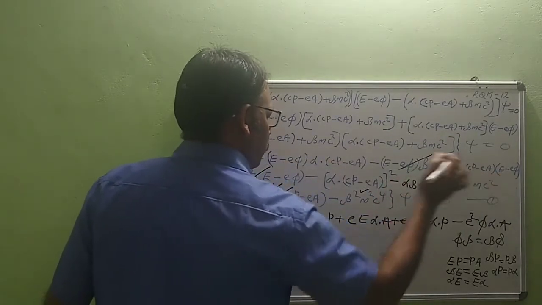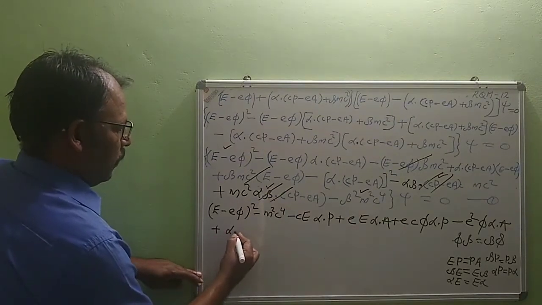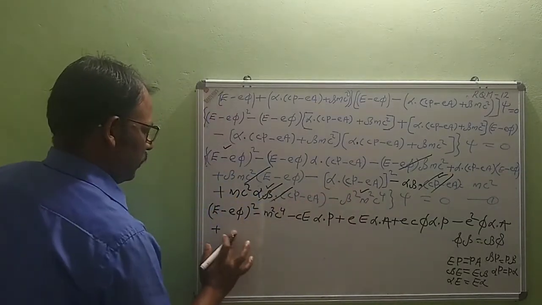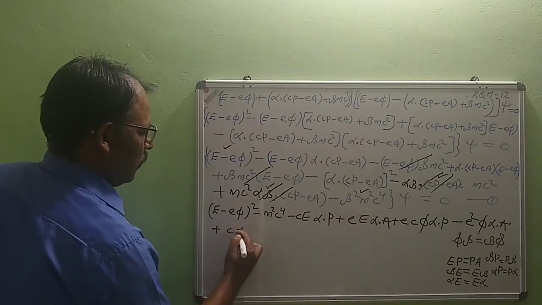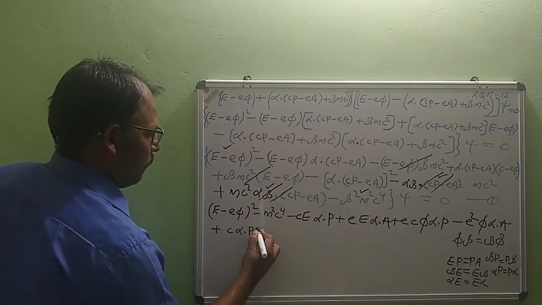Now take this one: plus alpha dot Cp into E. The constant C I am taking out, so it is C alpha dot PE.